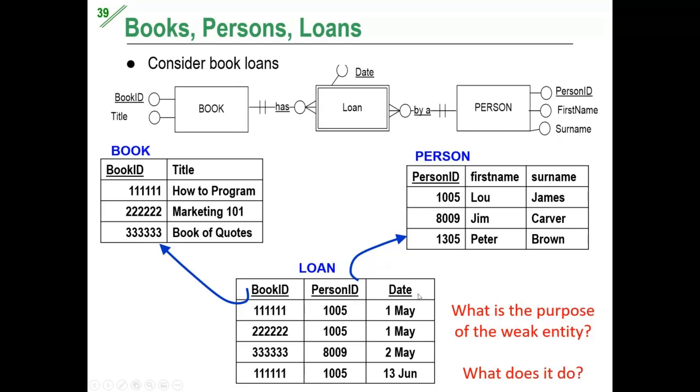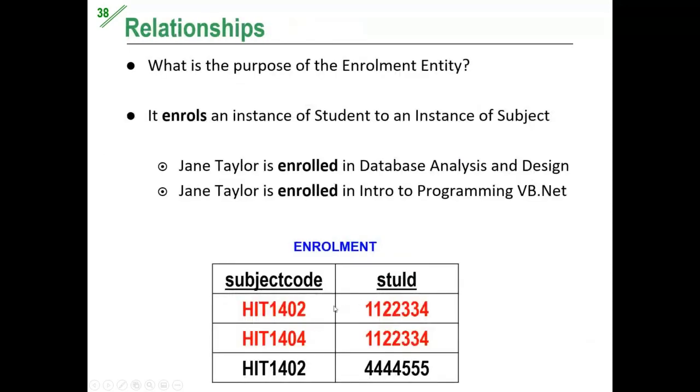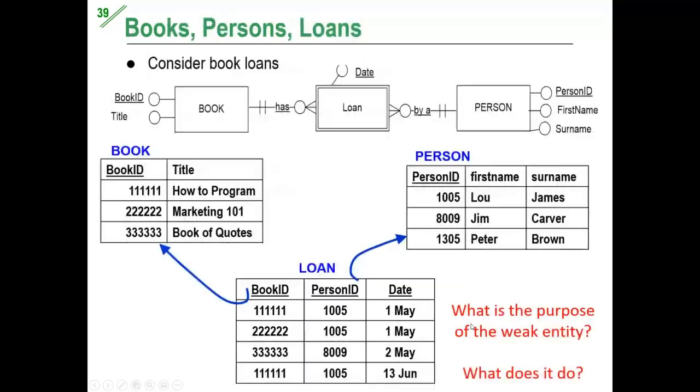Why did I put the date? Because you know the problem here, right? If you put the semester date, then we could have overcome that problem. The same problem happened here, which is why I put the date in this case. Now think about this person 1005, Lau James.